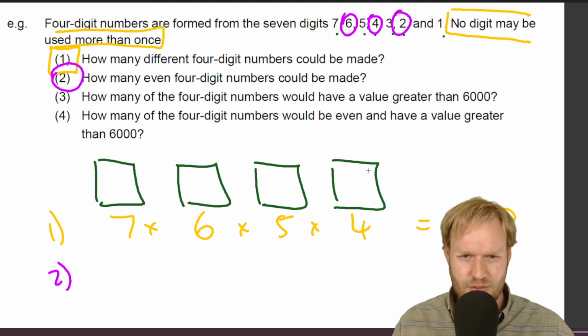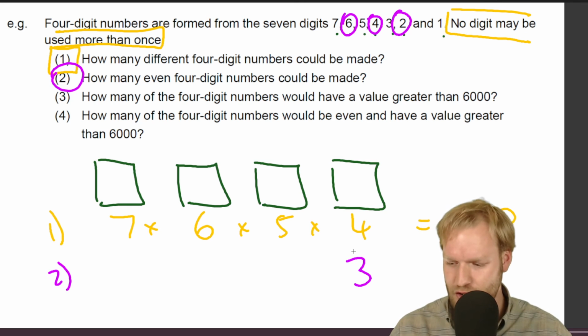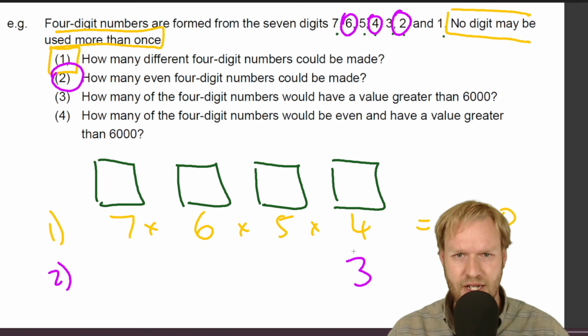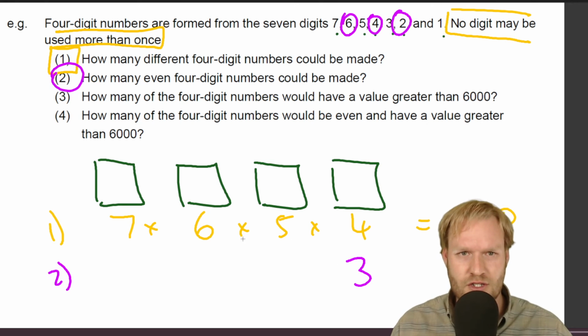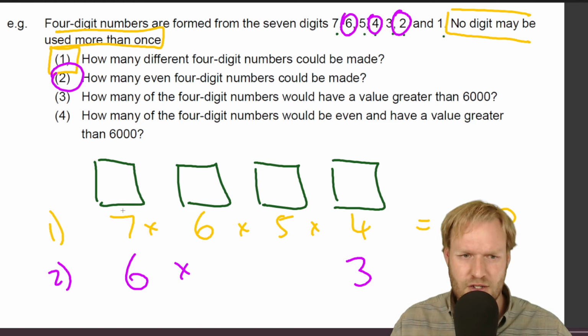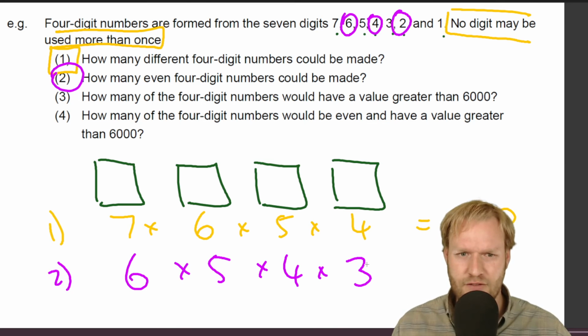So looking at this block first, the last digit has to be one of 3. So when you've chosen one of those 3, then you've used up one of your digits. So for your next one, you can choose 6. Now it doesn't matter what order you go. So you could have gone 6 for that one, 5 for that one, 4 for that one, but you have to choose one of 3 for that last digit.